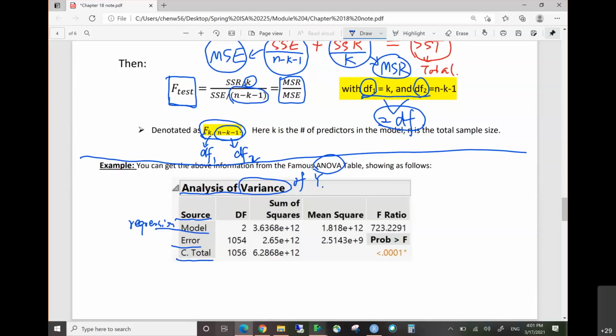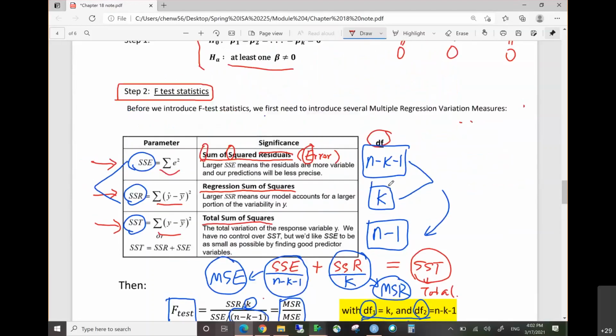All right, let's look at the first column, the degree of freedom. The first one is the degree of freedom for the regression. It should be the number of explanatory variables in our multiple regression, so k.